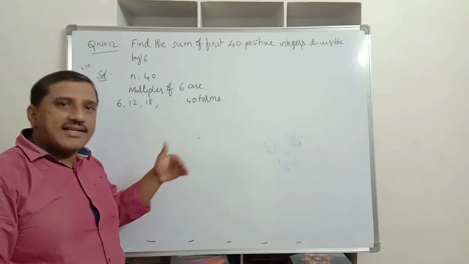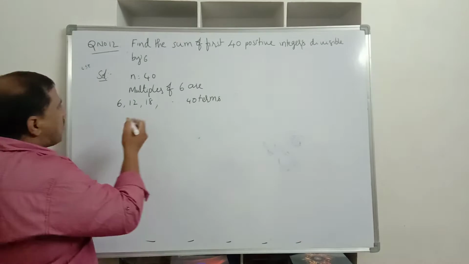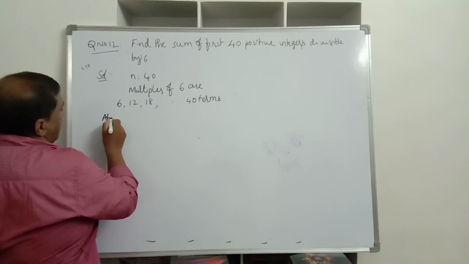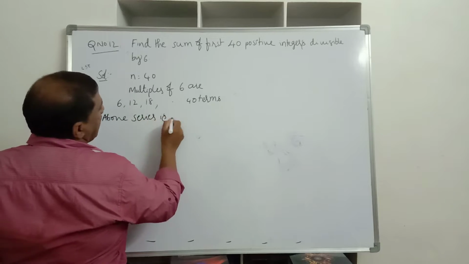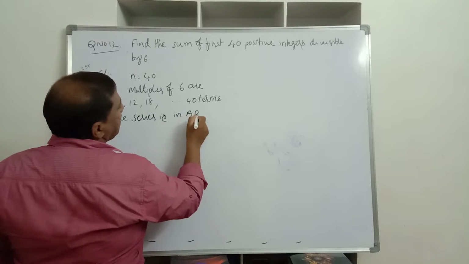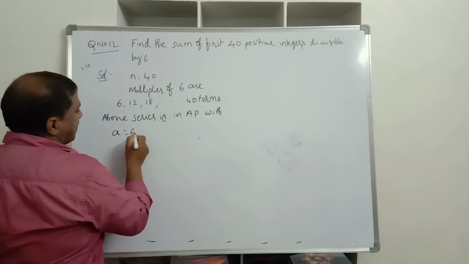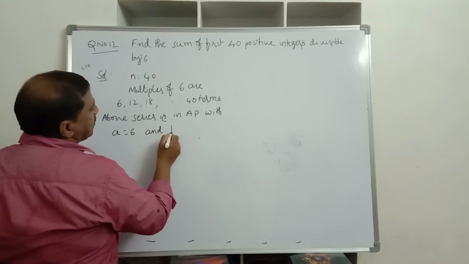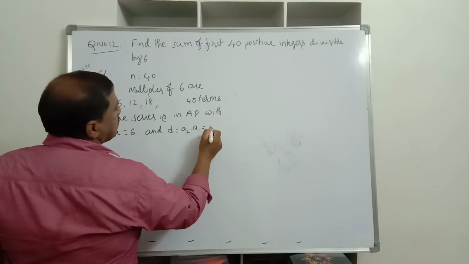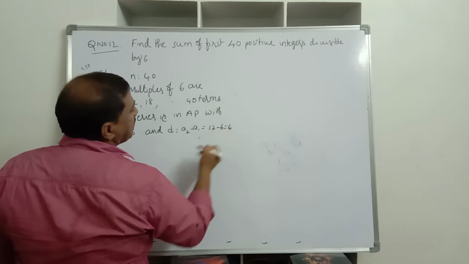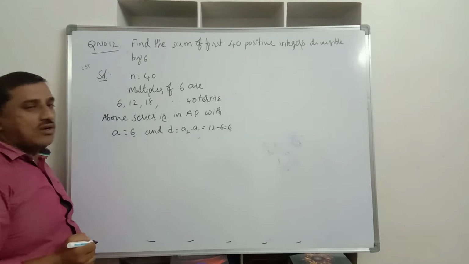Hence the above series is in AP with a equal to 6 and d equal to a2 minus a1, which is 12 minus 6, that is 6.